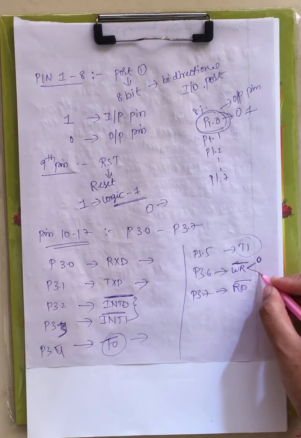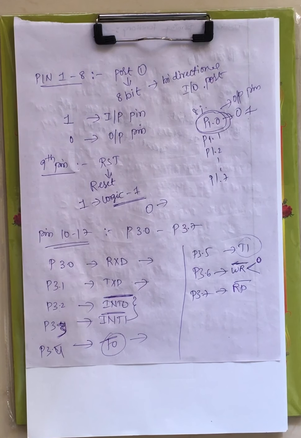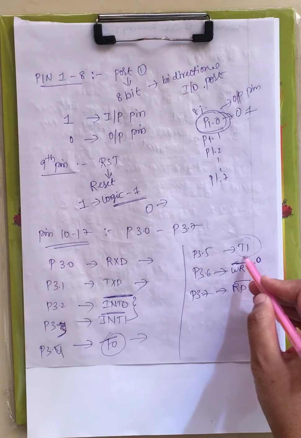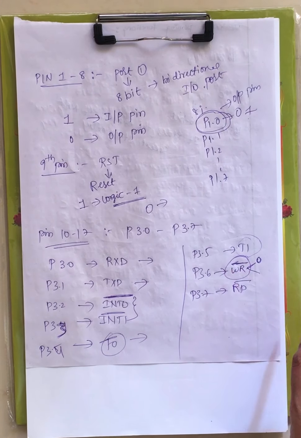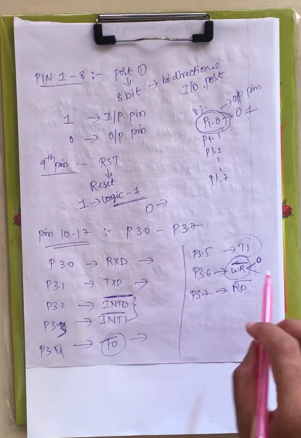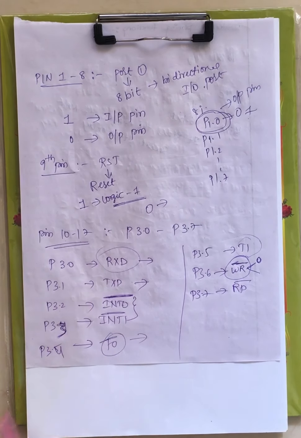When there is a bar, that particular signal will operate for logic 0. When there is no bar, that signal will operate for logic 1. You have to remember this. When there is no bar for a particular pin, it operates for logic 1. When there is a bar, it operates for logic 0.